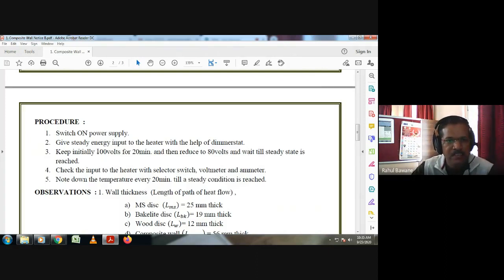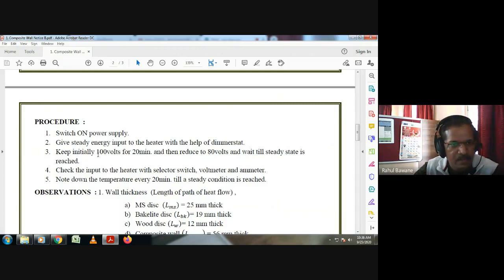While starting, we supply 100 volts because at the beginning, heat needs to travel through all three layers of MS, then bakelite, then wood. To speed this up, we keep the initial voltage at 100 for 20 minutes, and then after that keep 80 volts, and no doubt we have to wait for the steady state condition.